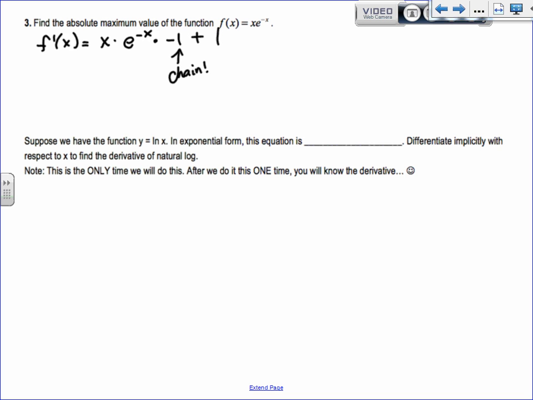Plus first derivative of the first is 1, second normal is e to the negative x. So we end up getting e to the negative x times negative x plus 1. Right? We pull out the common factor, which was e to the negative x. Like I said, we need to find when the tangent is equal to 0. So I'm going to set it equal to 0.